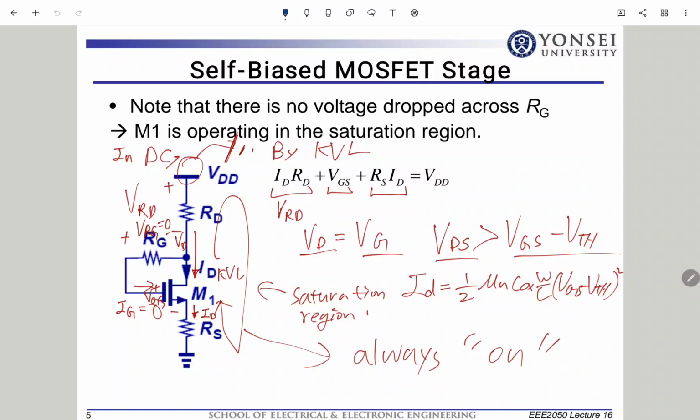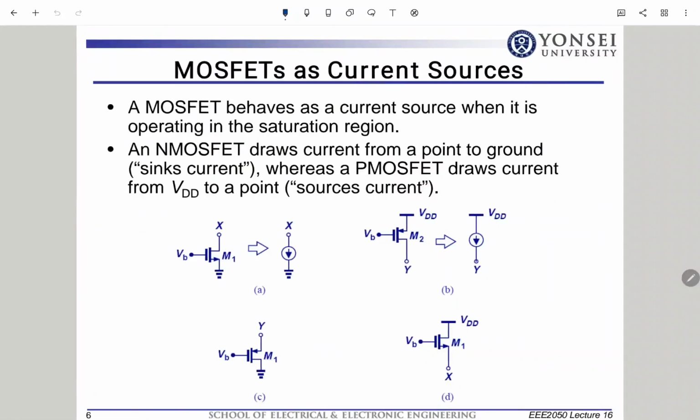Now, let us talk a little bit about MOSFETs as current sources. I said the single transistor can be viewed as a current source.